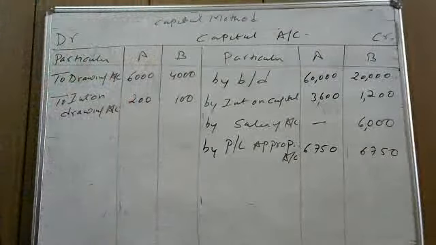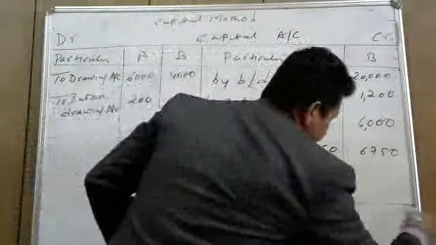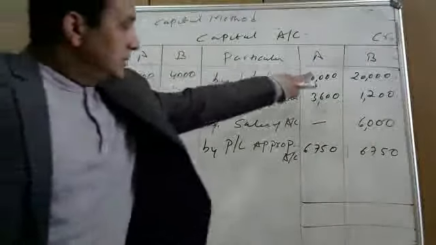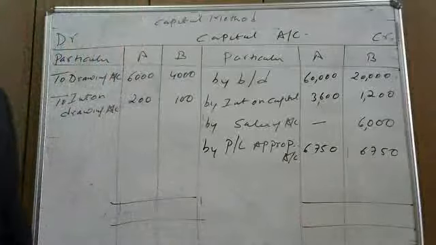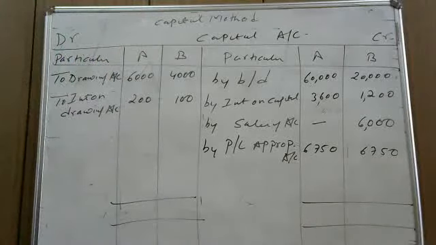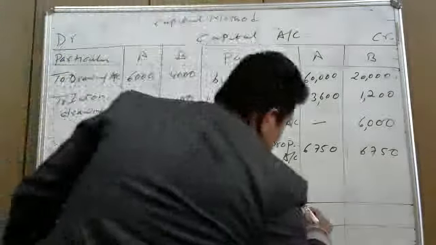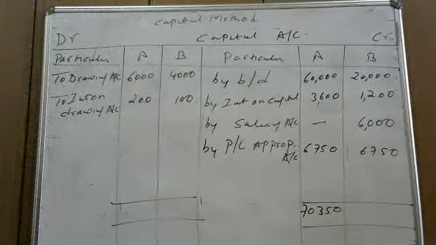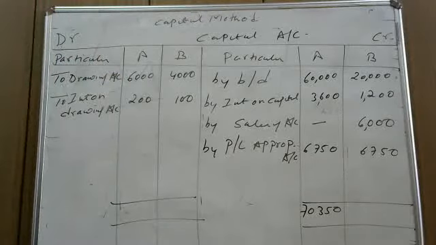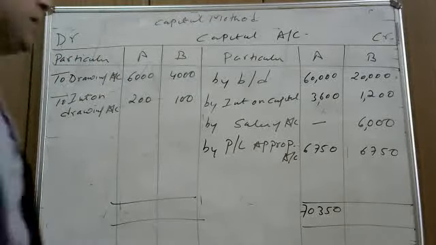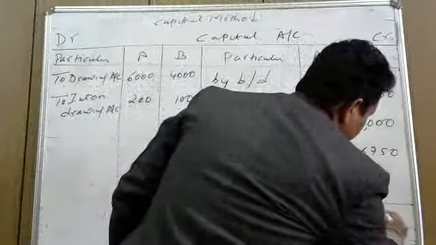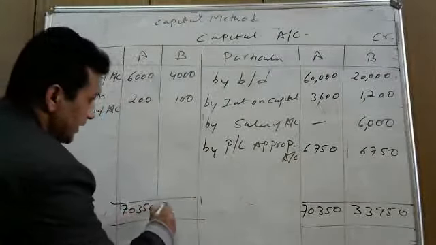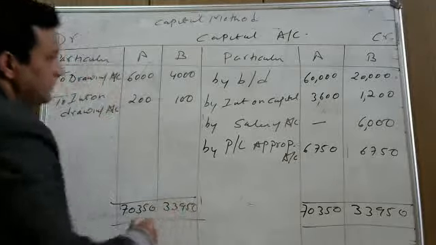We already found out in the P&L appropriation account the total of this side. Add the credit side of A. Similarly for B, the total of credit side of A is 70,350 and the total of credit side of B is 33,950. 70,350 and 33,950.